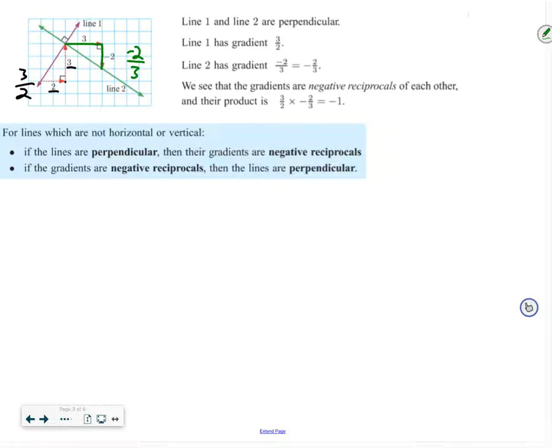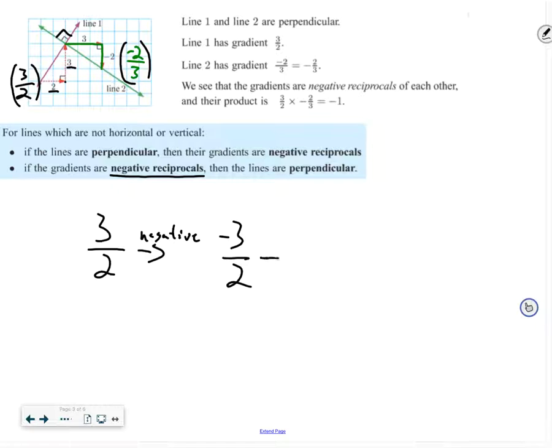These lines are perpendicular, meaning they create a right angle when they intersect each other. Lines are going to be perpendicular if their slopes are negative reciprocals. So 3 over 2, if we make it negative, that's going to make it negative 3 over 2, and then we also must reciprocate.